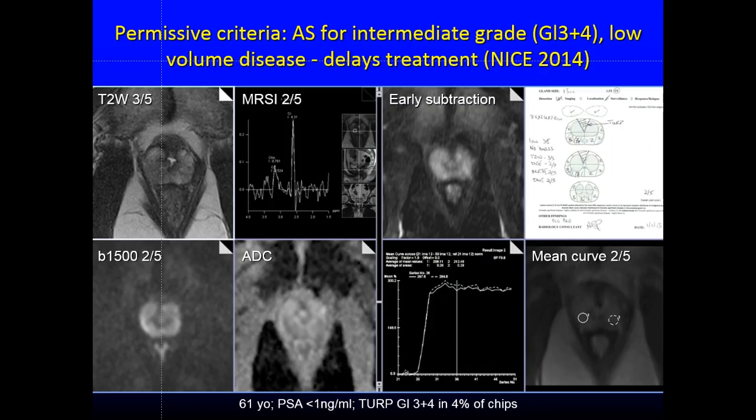One of these biomarkers could be imaging. So if you have a patient like this who has 3+4 disease in 4% of chips on a TURP but no visible lesion, that patient would be suitable for at least an initial trial of active surveillance, and in fact he's been on active surveillance for 2 years now.